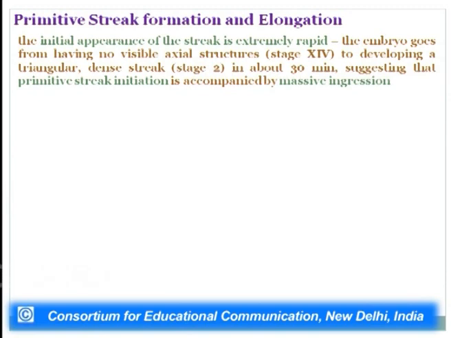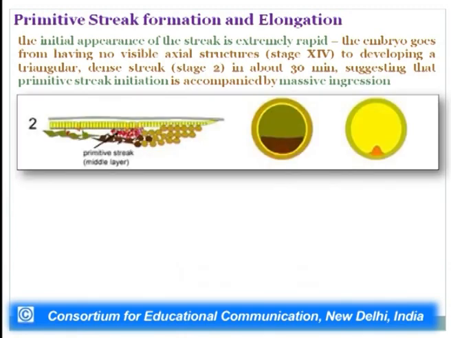Now we know that it basically starts from the posterior edge of the marginal zone at the location of the collar sickle. And how does that occur? It's a very, very rapid phenomenon. Therefore, they say that it is accompanied by massive ingression of the cells.